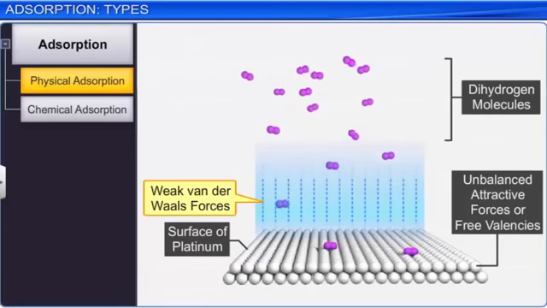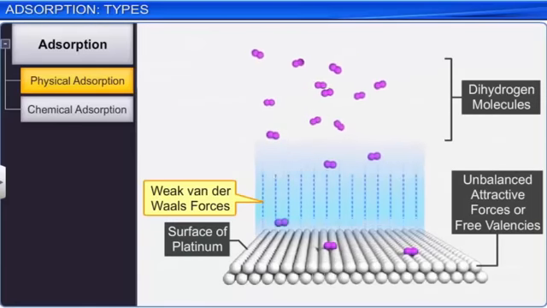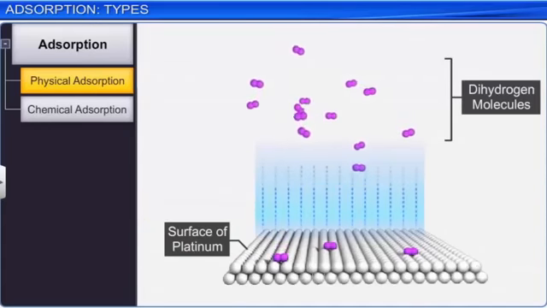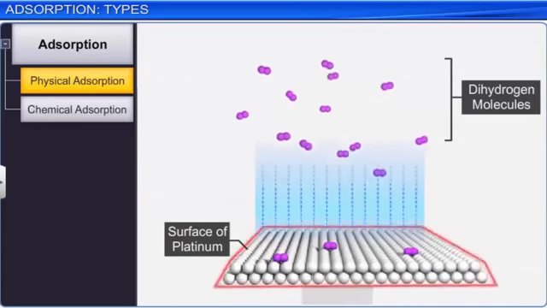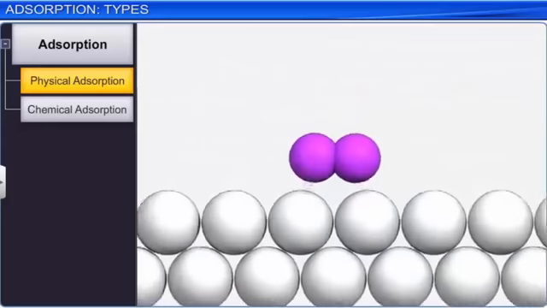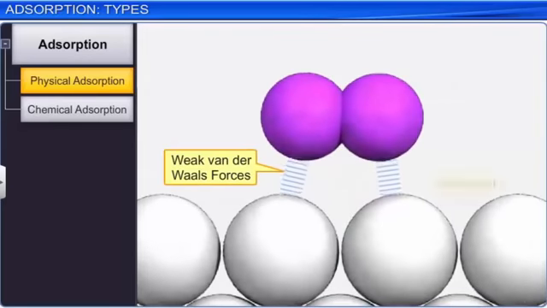This is physical adsorption. Here, platinum is the adsorbent and dihydrogen molecules the adsorbate. Note that there is no chemical bonding between the adsorbent and the adsorbate.